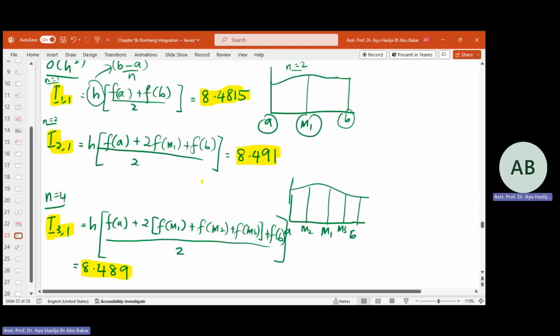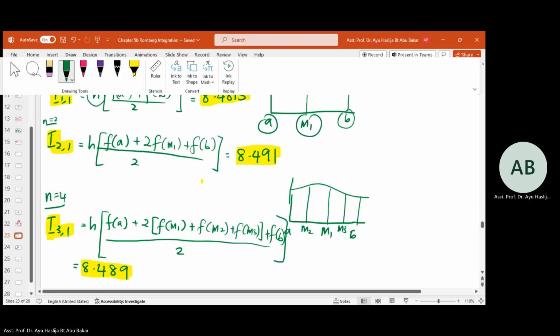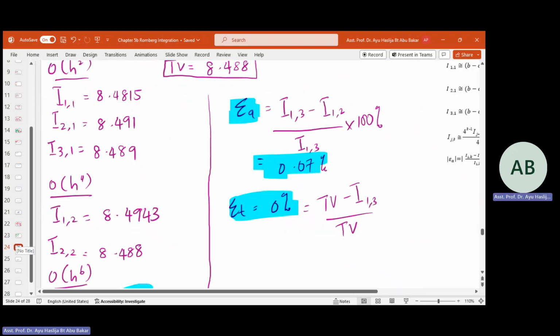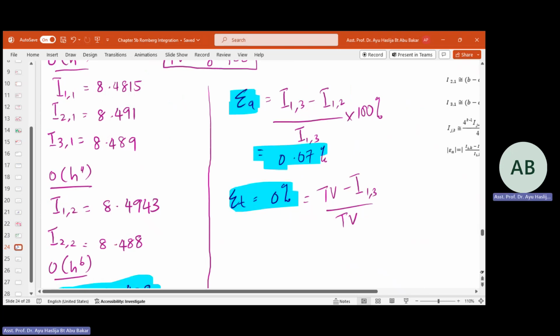Once you obtain the value, you can plug in back into the table earlier. Okay, then OH4, you should be getting this value.